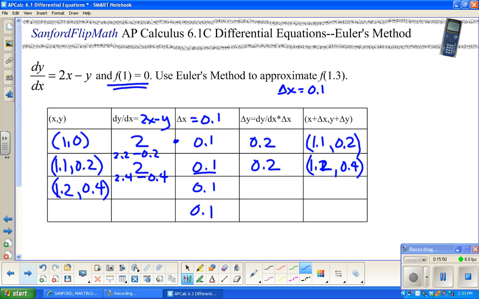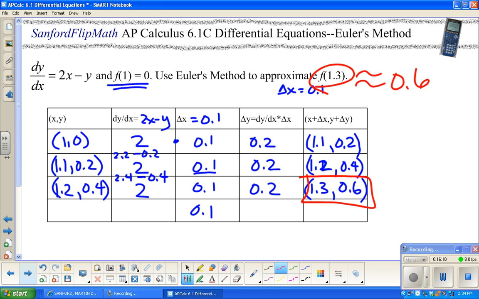Oh, that's really weird. I did not expect that at all. That's cool. 0.2. I know you guys are sitting there going, yeah, it's not that exciting, Mr. Sanford, come on. And then 0.4 plus 0.2 is 0.6. All right, and we wanted an approximation, and there it is, so approximately 0.6.